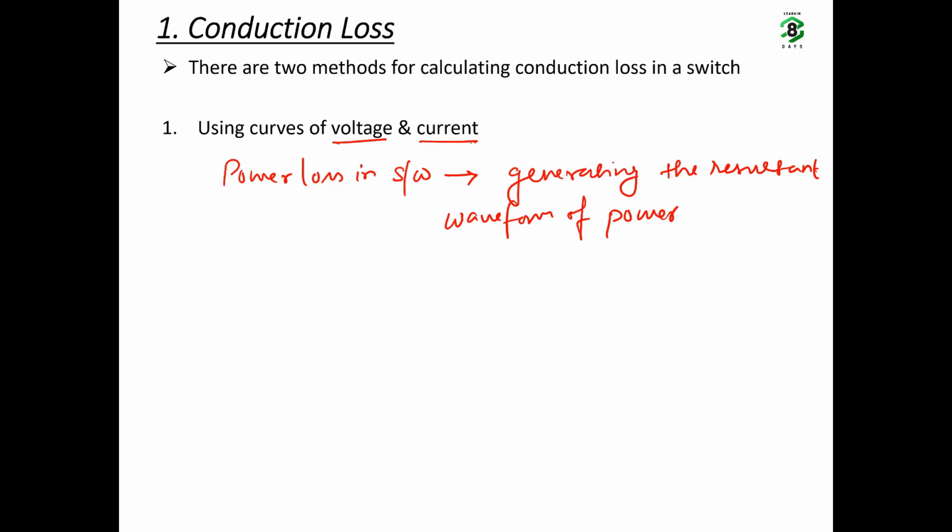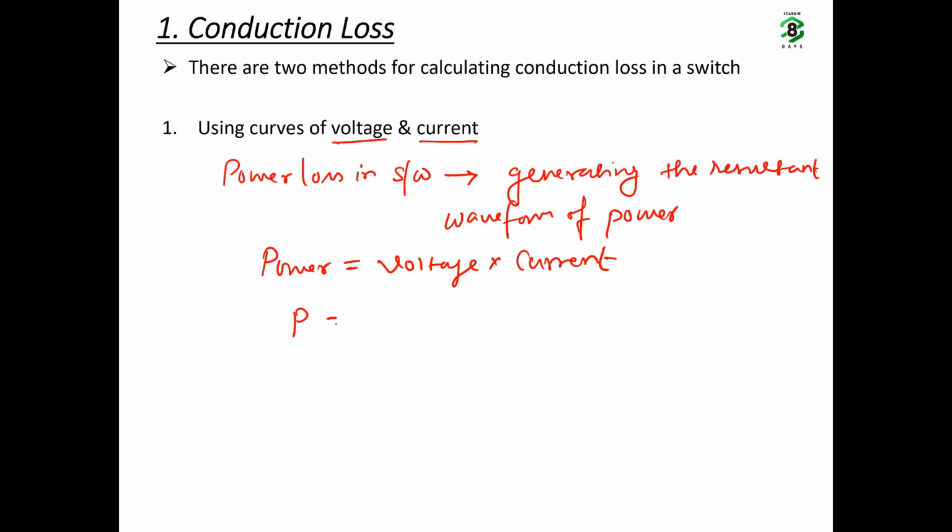Okay, so first method is when the voltage and current waveforms across the switch are provided, then we can calculate this conduction loss by generating a new waveform of power simply by multiplying the voltage and current waveforms, because we know power equals voltage into current. Hence we will multiply the waveforms of voltage and current to get the power waveform, and we will calculate the power from the waveform. So how do we calculate the power?